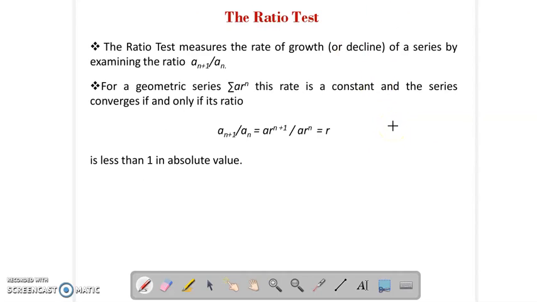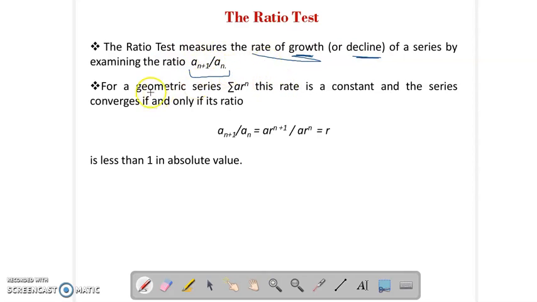The ratio test measures the rate of growth or decline of a series. The rate of growth means how the terms are growing or declining, by examining the ratio of two consecutive terms, a_(n+1) by a_n.